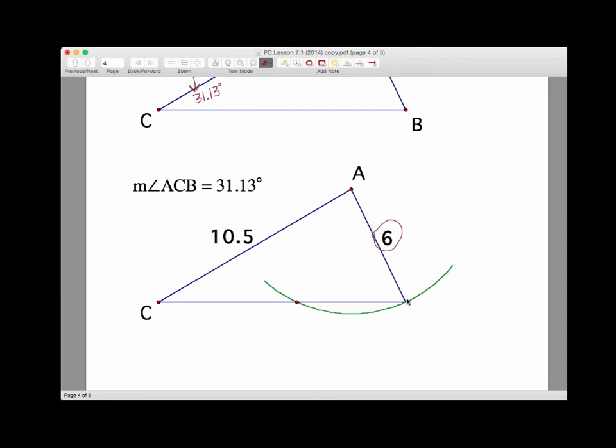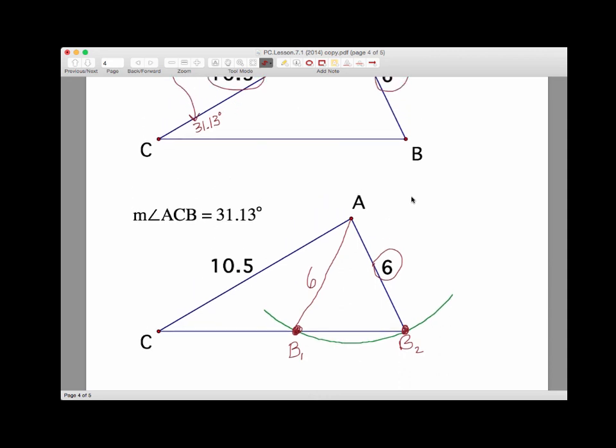It can hit down in the bottom right and make a triangle ABC, but it also hits in another spot. There's another place where the side can be 6, creating 2 places where point B can be. Point B can be toward the left, or point B can be toward the right, and we end up having 2 complete triangles, both of which you would have to solve using law of sines or law of cosines.